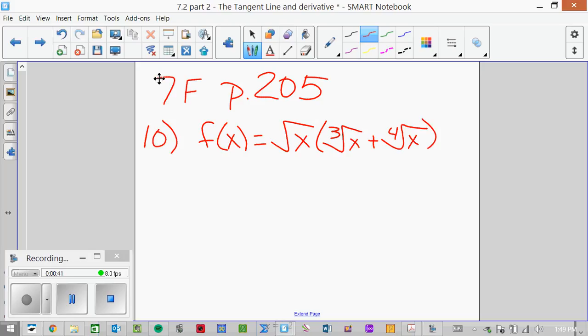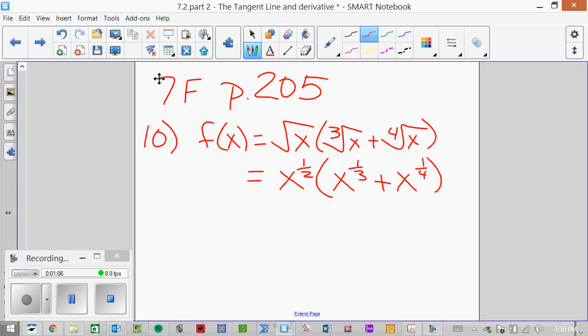We have to have exponents. So we have to convert each radical into a rational exponent. Now, we're still working with our function, so we leave that f of x. And square root of x becomes x to the 1/2, right? Cubed root, x to the 1/3, fourth root, x to the 1/4.